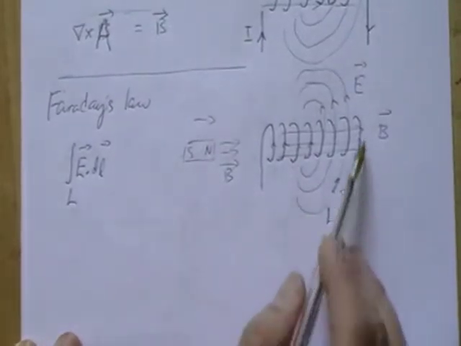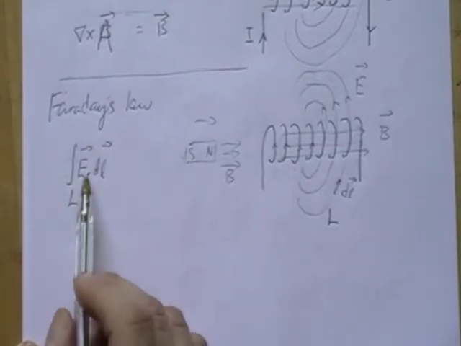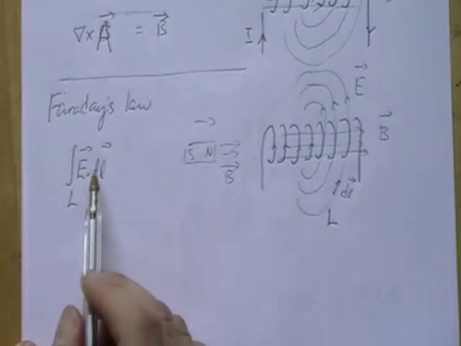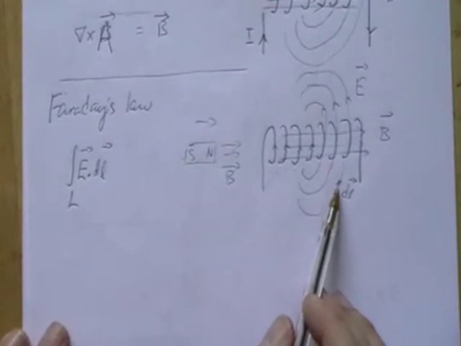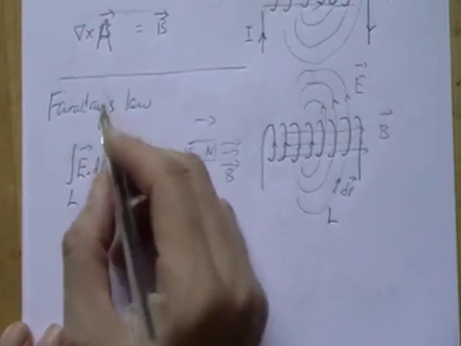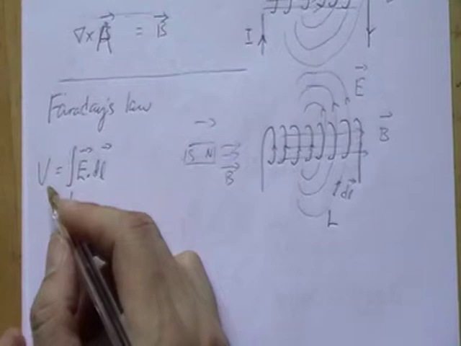So when we think of this loop, this is the electric field, which is actually the force per unit charge, dotted with dl, which is a short distance. So if you think of force times distance, that's basically the work done, and this is actually the voltage, which is the work done per unit charge.